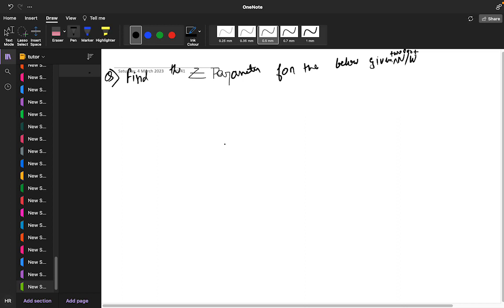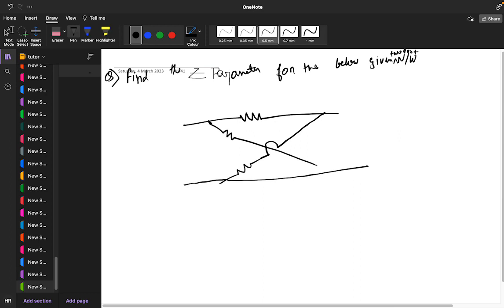Okay, so your network is this, and this part is jumping over the circuit. These are all connected like this, and here I missed one resistance. So this is 1, this is 1 dash, this is 2, this is 2 dash, terminal 1, terminal 2.